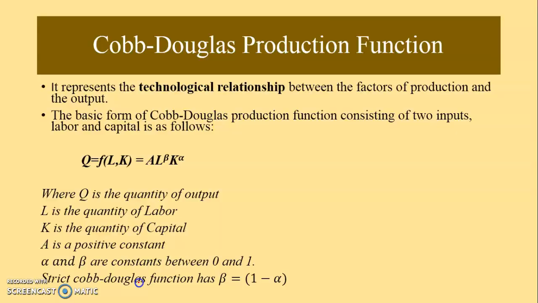So today's topic is the Cobb-Douglas production function, and this function represents the technological relationship between the factors of production and the output.